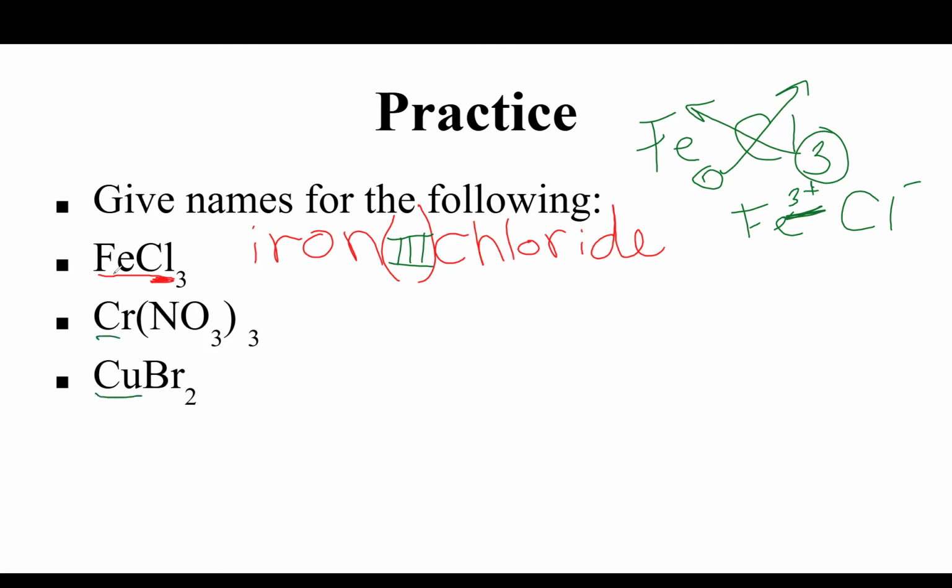All of these are transition elements, and all of them make more than one charge. So we have to state which charge it is whenever we're writing our names. So here we have Cr, which is chromium. We're going to have our parentheses here, and this is nitrate.